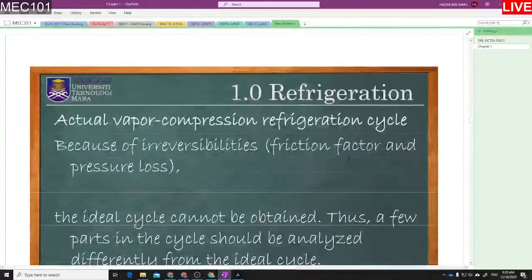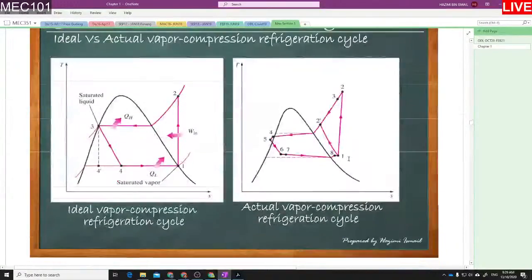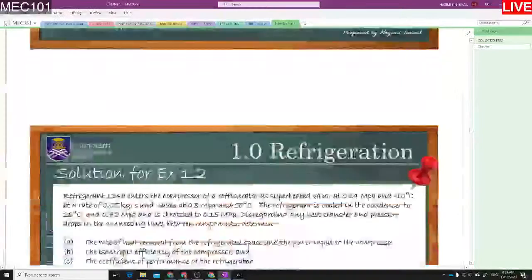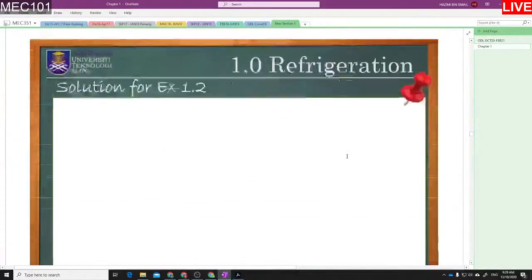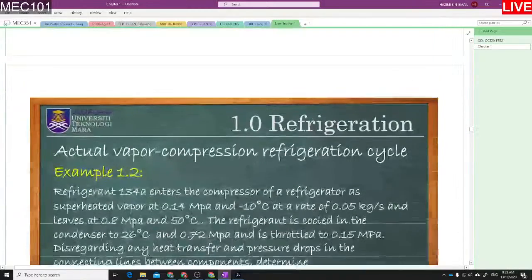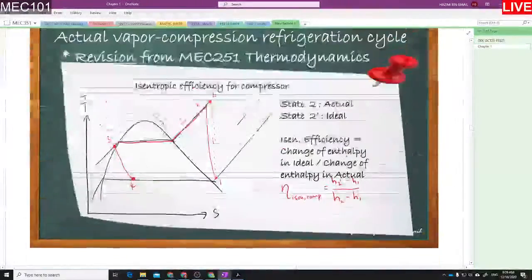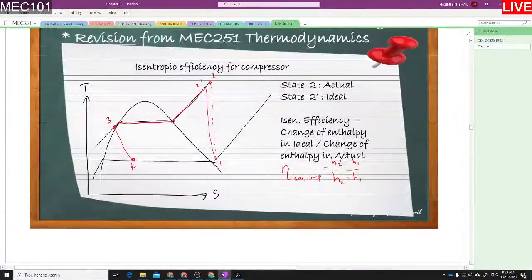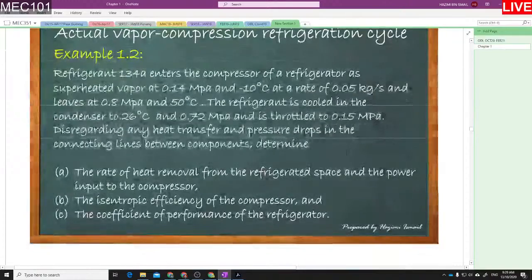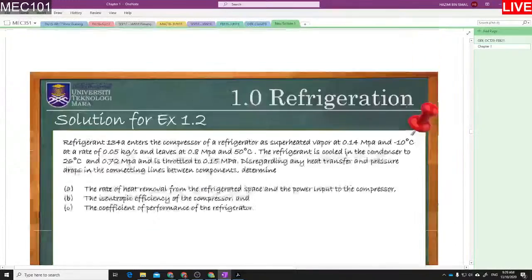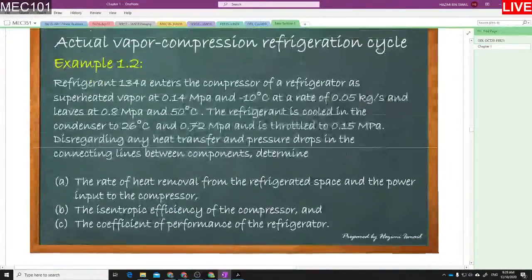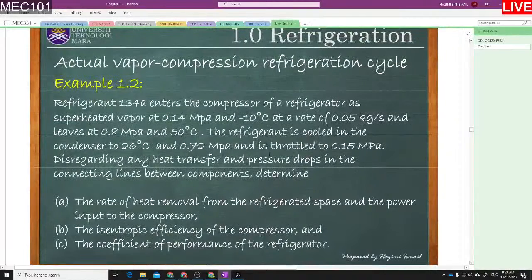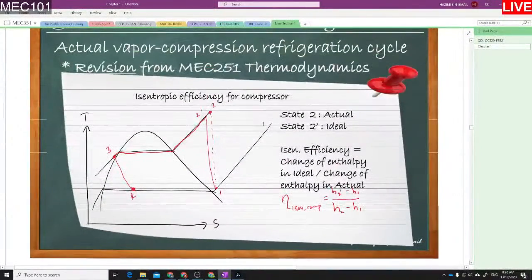In our next class, okay, next class saya akan tunjuk macam mana nak kira actual vapor compression if we have the efficiency of compressor.